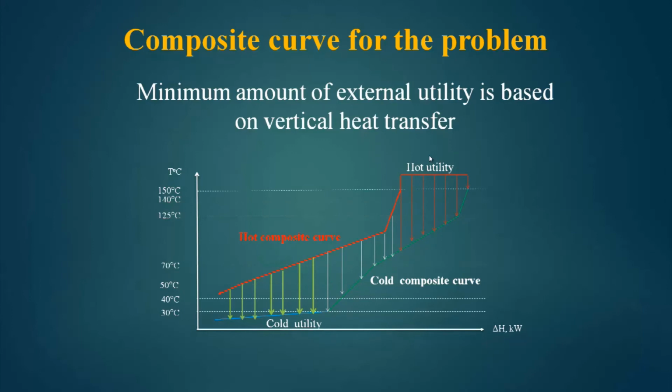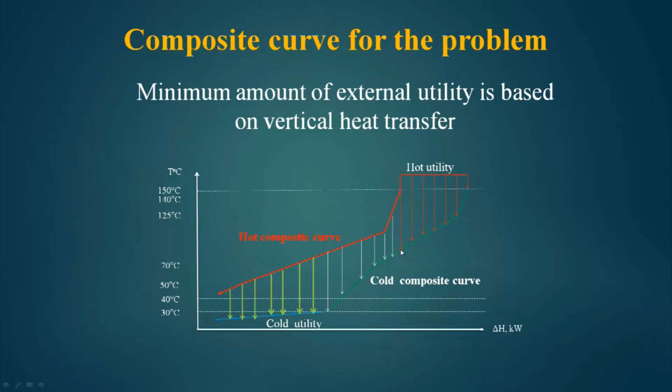Now, when we calculate the minimum amount of external utility, this is based on vertical heat transfer. That means, this is the hot composite curve and this is the cold composite curve.